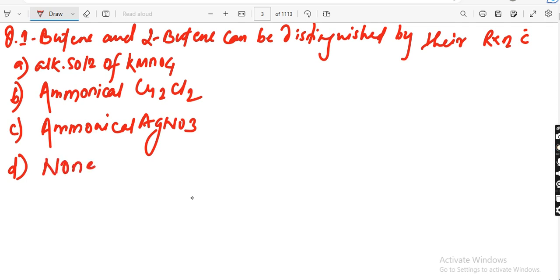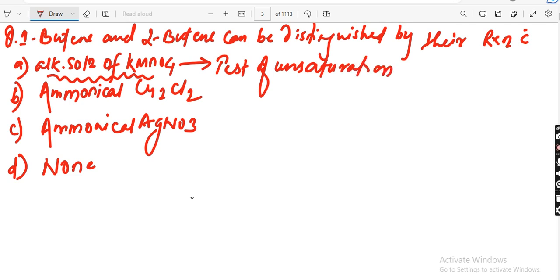Okay, first of all, let us discuss from here. This one is used for the test of unsaturation. Whether it is 1-butene or 2-butene, it reacts with both, right? So this cannot be used.